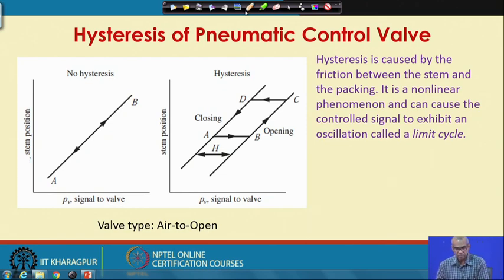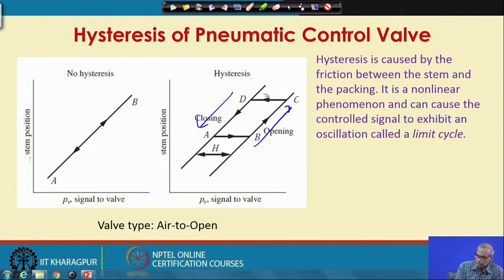But if the instrument or the control valve shows hysteresis, then a different phenomenon happens. Suppose I am increasing the signal pressure to the valve. So, stem position increases. Now, then I decrease the signal pressure to the valve, but you see that immediately the stem position does not change.